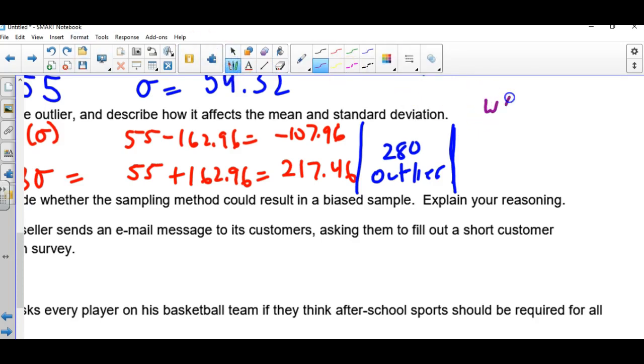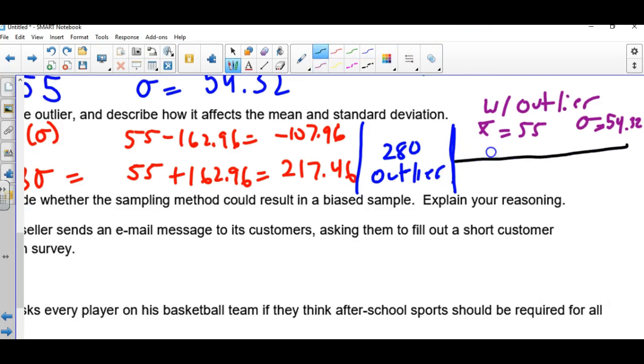With outlier, x bar is 55 and sigma equals 54.32. Then we have the next portion, without the outlier.